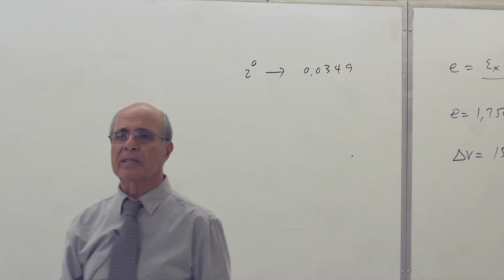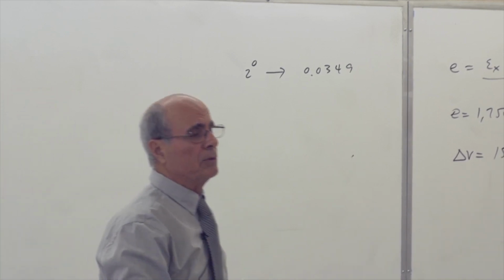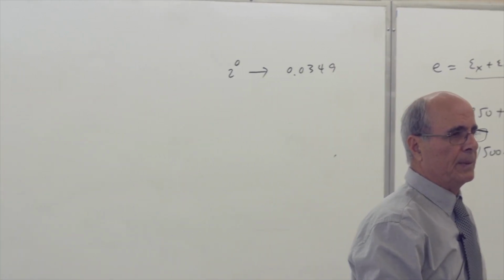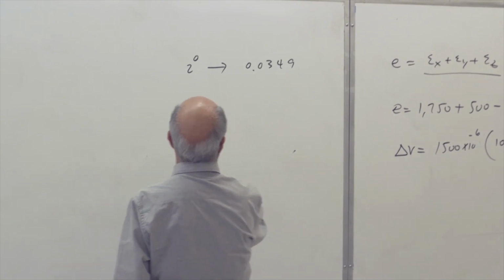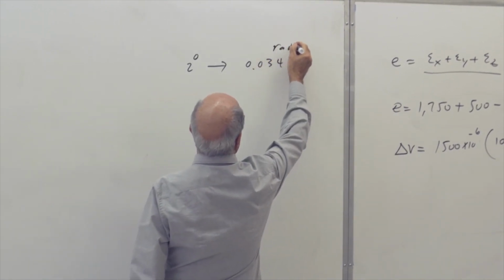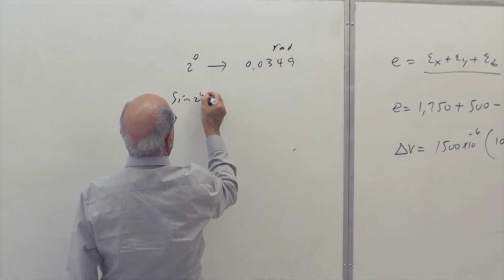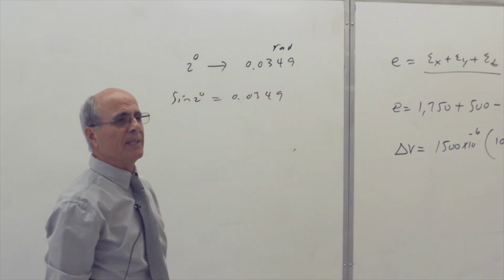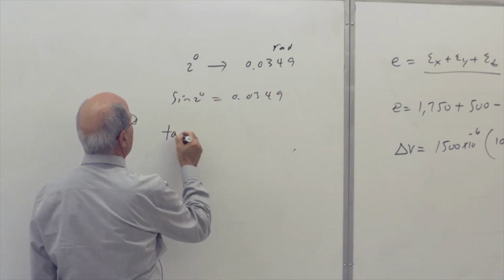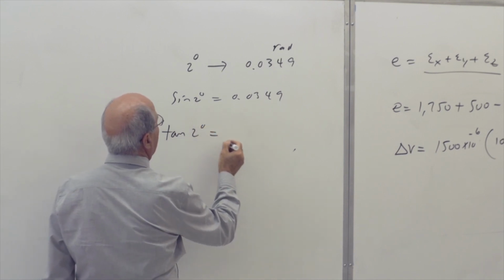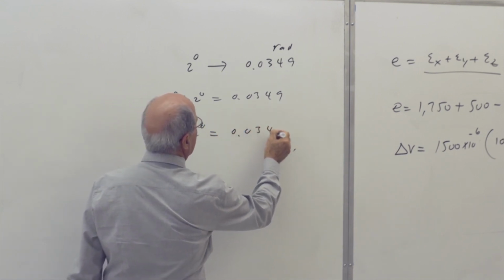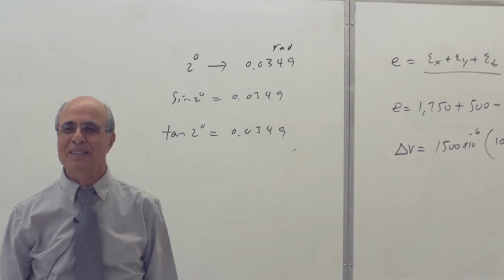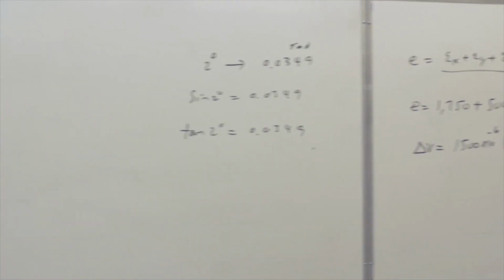Is that correct or not? Now take the sine of 2 degrees. Sine of 2 degrees is 0.0349. Is that correct or not? Yes? Take the tangent of 2 degrees, equal to 0.0349. You don't have to do it, I write it down here. Yes? They are all the same.